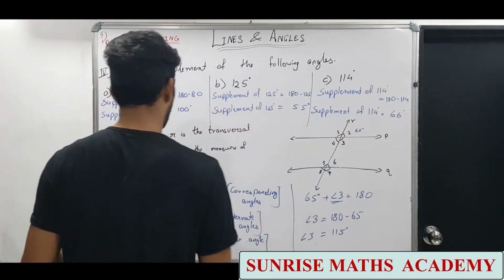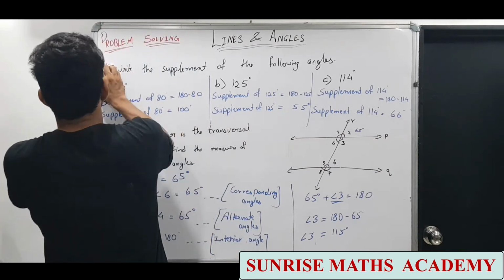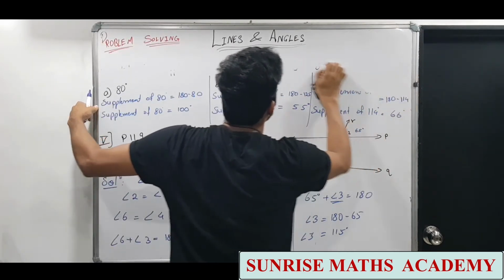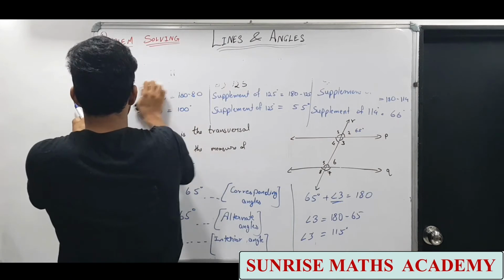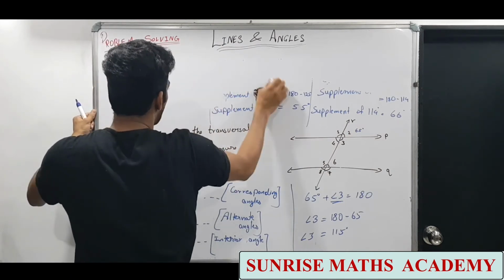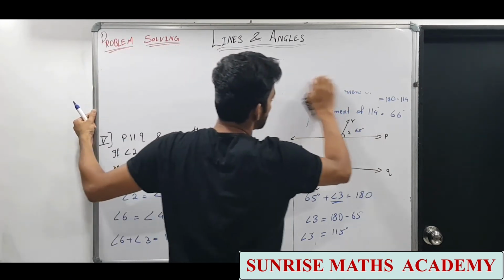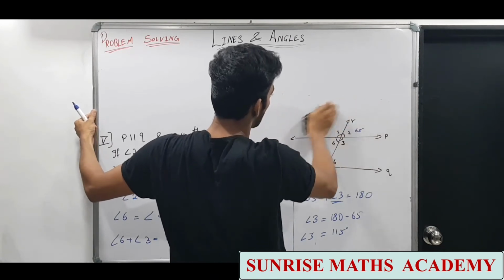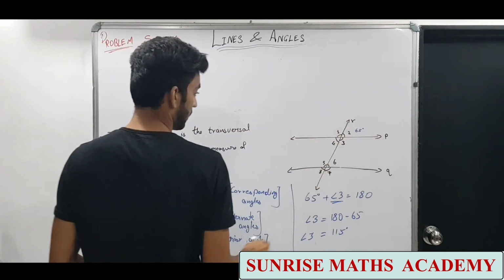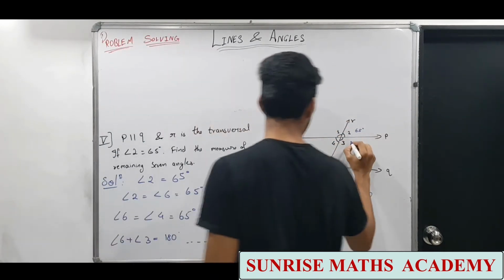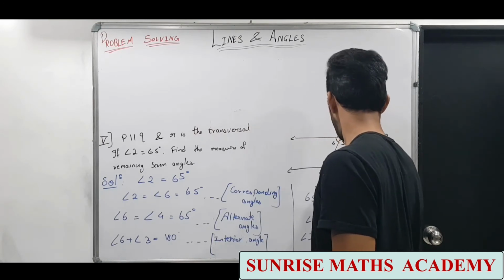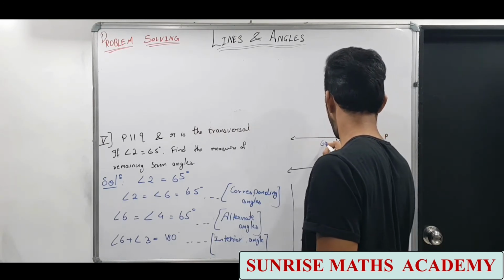Then कौन सी values हमारी आ गई है, 2 was given, 4, 6, 3, ये सब हमने calculate कर लिया अभी. अब बचे हुए जो हैं वो देखते हैं. We have got 3 as 115, this is 65, this is 65.